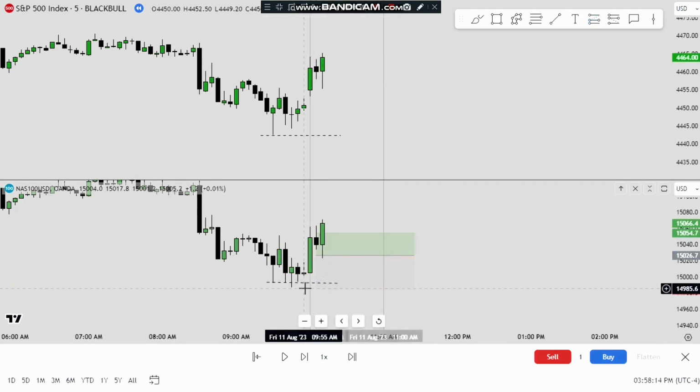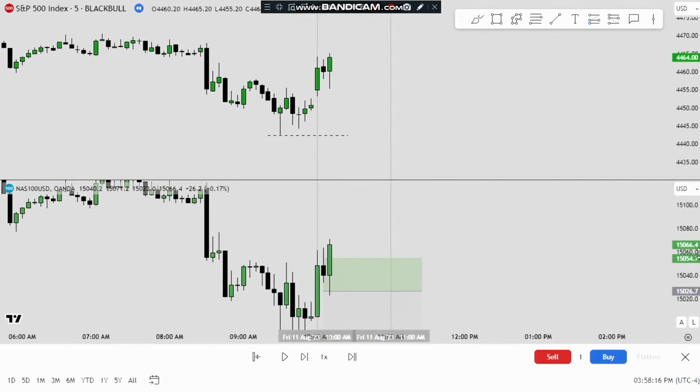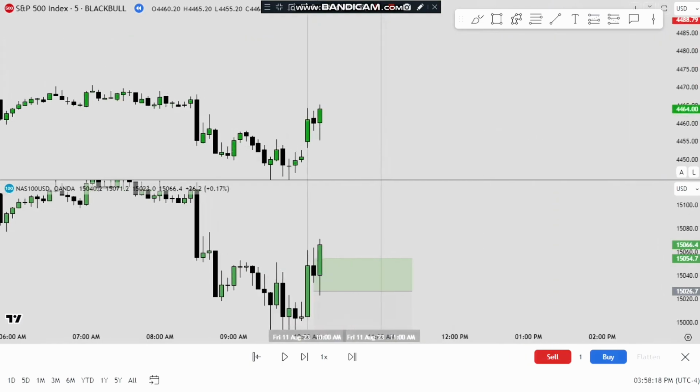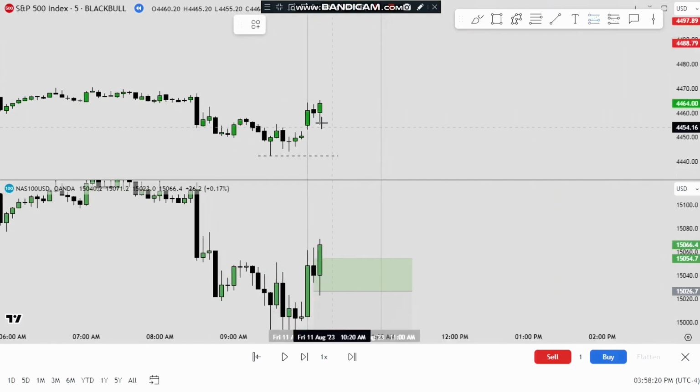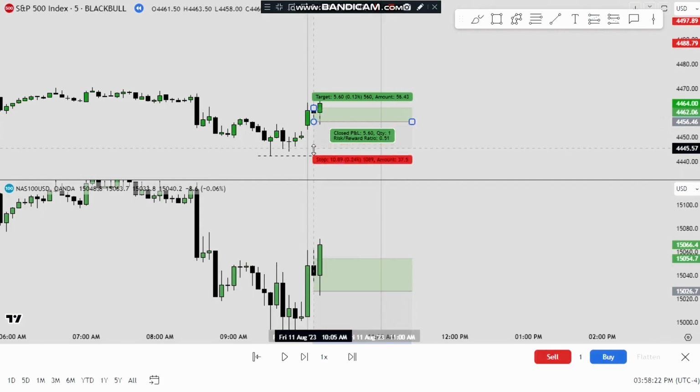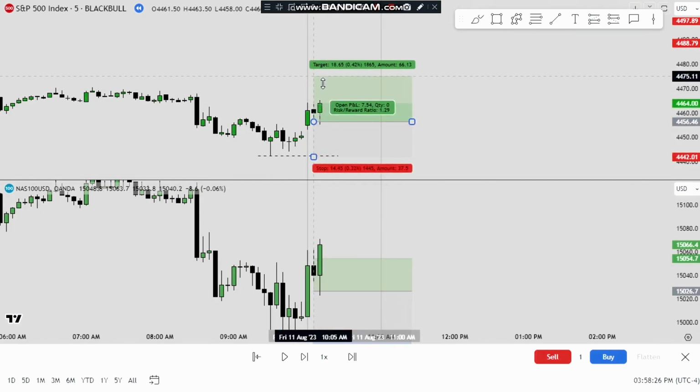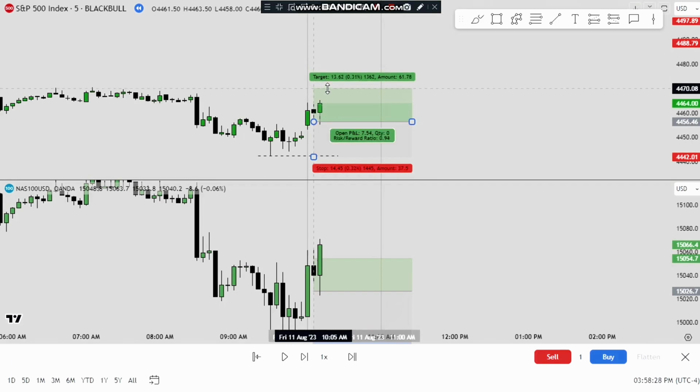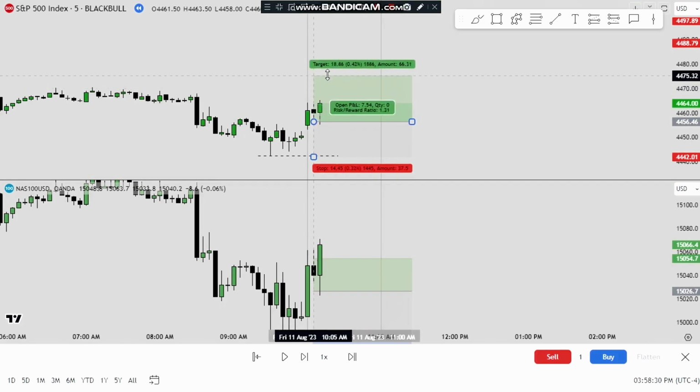The stop loss will be here. And in that case, your entry will be around here. Stop loss will be below the swing low. And let's target some 20 handles, okay?